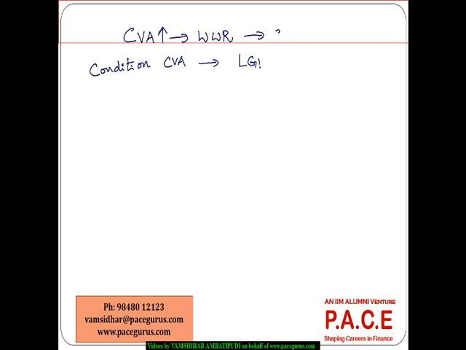I can use LGD times the discounting factor at time period Tj, and multiply it with the expected exposure at time period Tj, given that a default has occurred at this particular period.